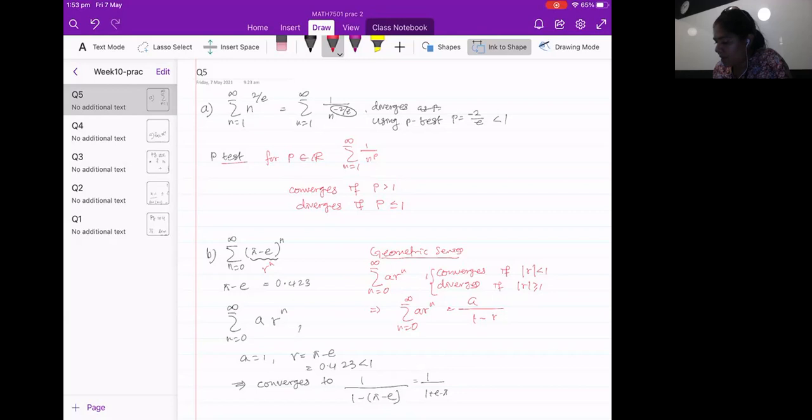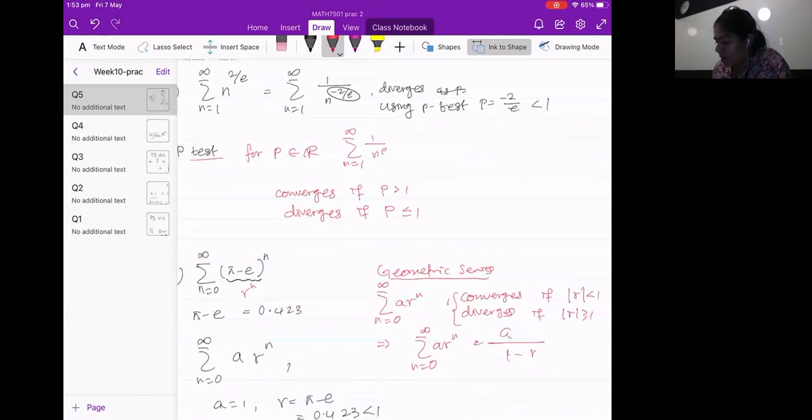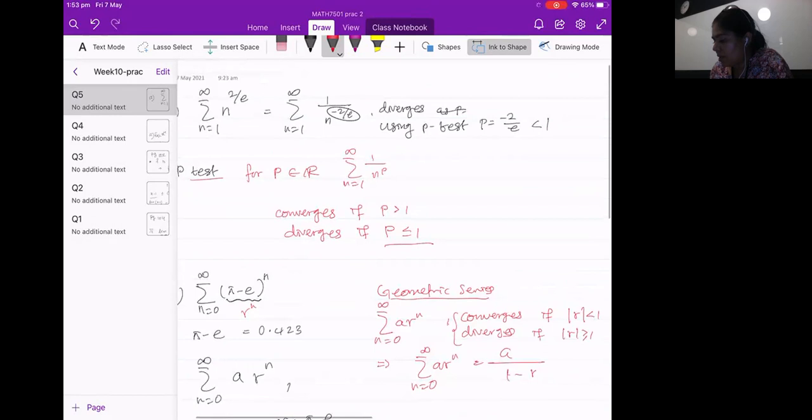The p-test says that if p is a real number, the sum of 1 over n to the power p converges if p is bigger than 1, and diverges if p is less than or equal to 1. You can rearrange this to 1 over n to the power minus 2 over e, which is minus 0 point something. So it's less than 1, so it diverges.